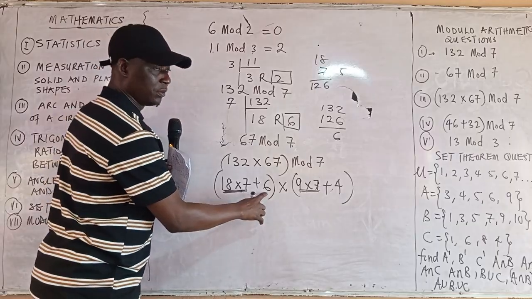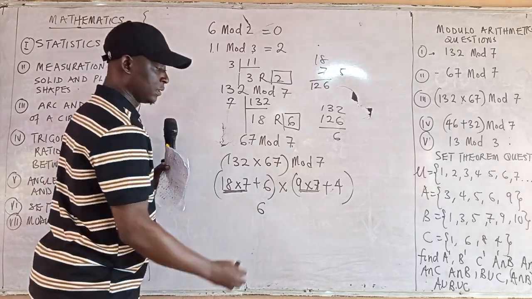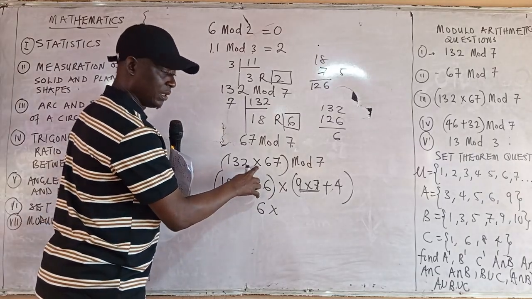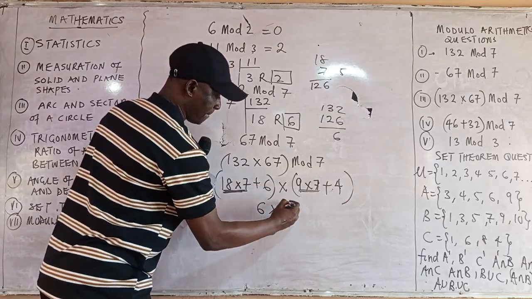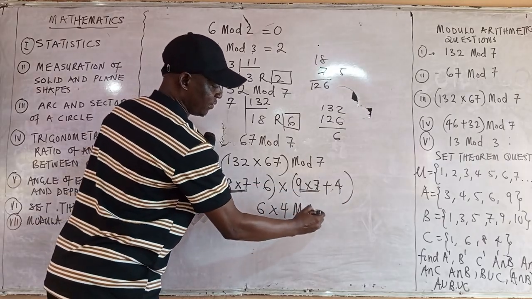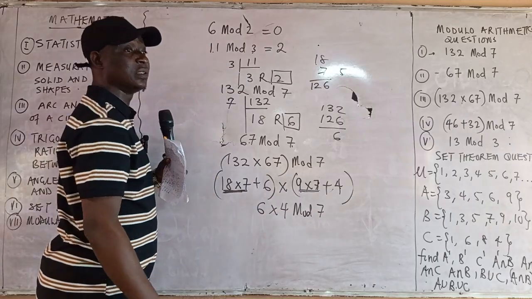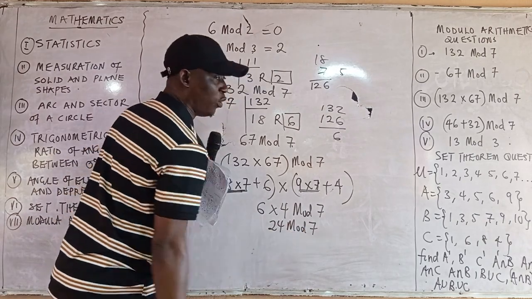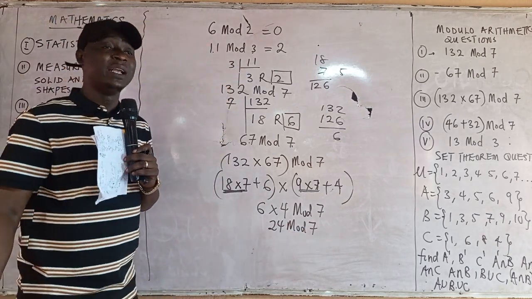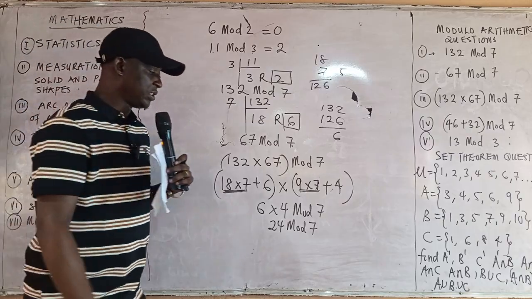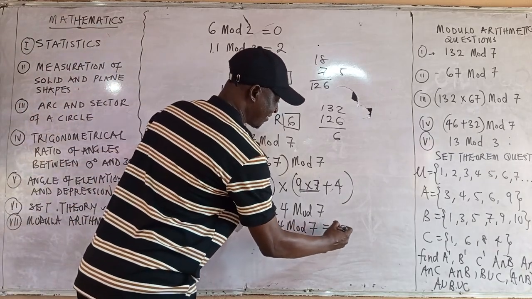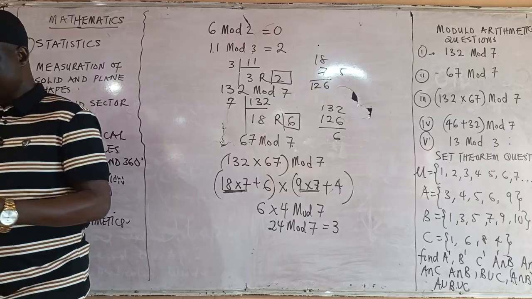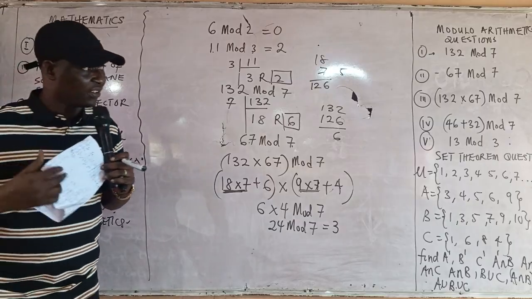What are you going to take now? 6 times 4, mod 7. 6 times 4 is 24. 24 mod 7: how many 7s can go in 24? 3, remainder 3. So the answer will be 3. That will be your remainder, and that will give you your answer.